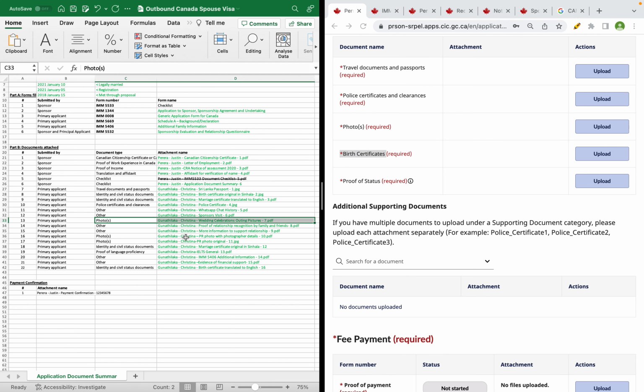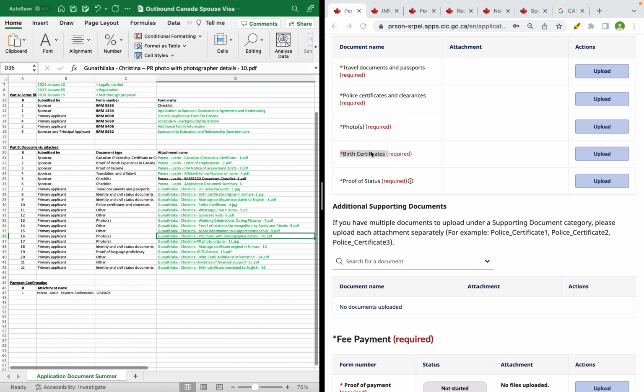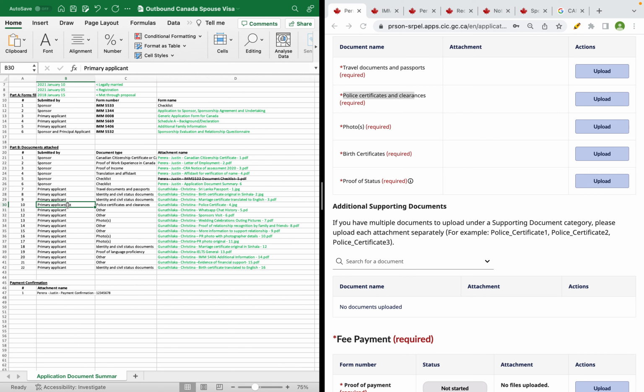Okay, photos, this one, it's again primary applicants. Police clearance is also primary applicant, and travel document and passport is again primary applicant. So only this is the sponsors, the rest primary applicant.